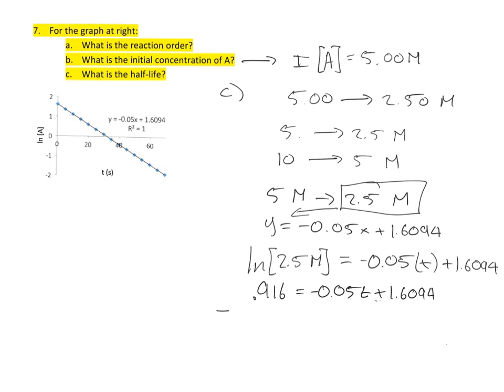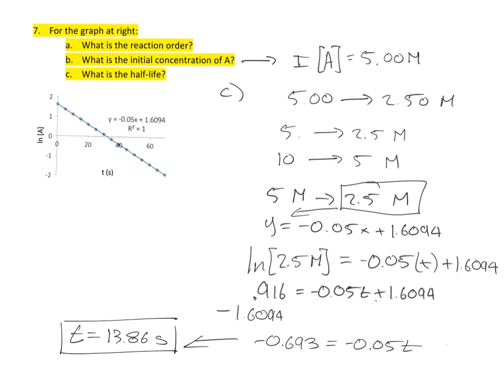And so we can subtract 1.6094 from each side, and we'll get negative 0.693 equals negative 0.05 t. And now, if we solve for t, we get 13.86 seconds.